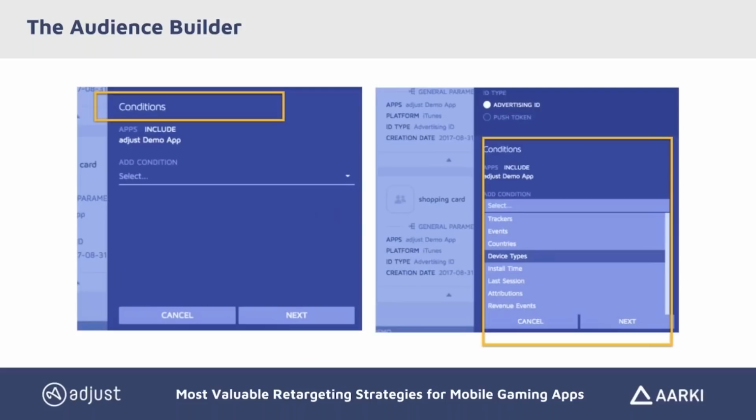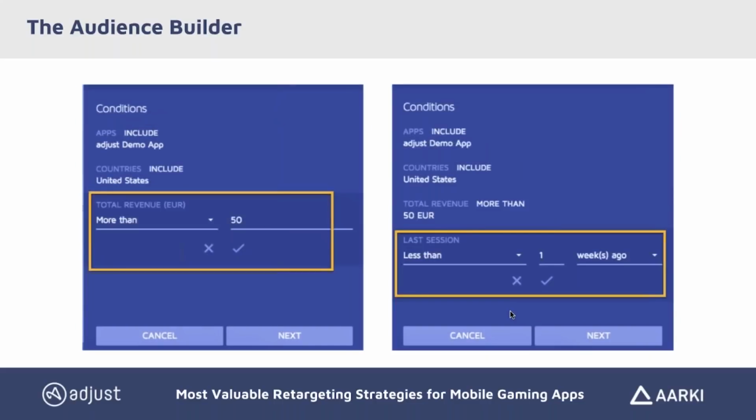You will select the application of your portfolio, because you might have more than one, and then start getting crazy with the conditions. So the first ones that you see, trackers, event, countries, device types, are all default sets that we provide, and then you can also define the revenue if you want.